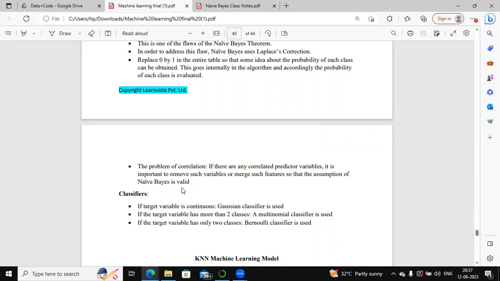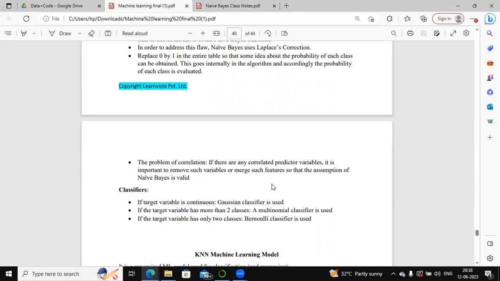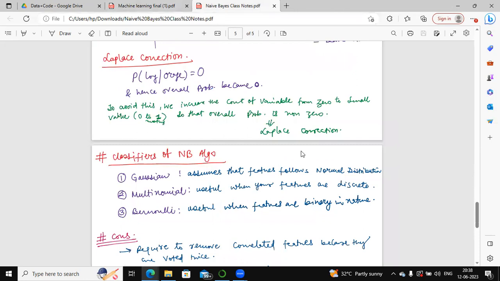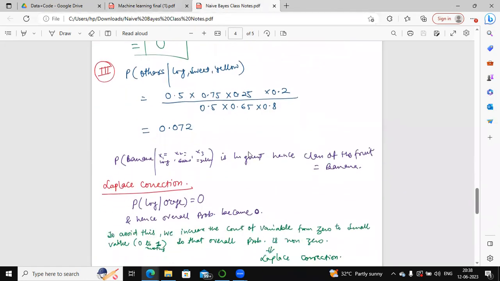Since our assumption says that in Bayes we don't need predictor variables related to each other, we have to remove one of the variables or merge two variables such that the value is taken into consideration only one time. Twice is not considered okay for the assumption. So we have to merge such features so that the assumption of naive Bayes is valid. So this was all about it.